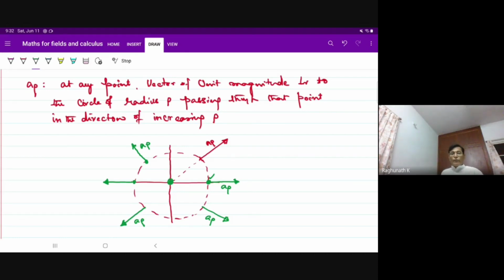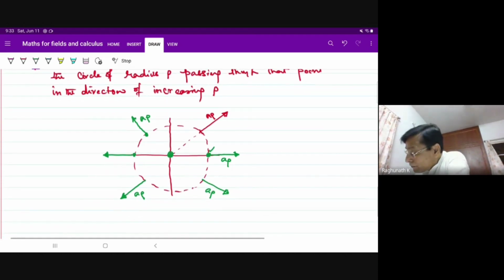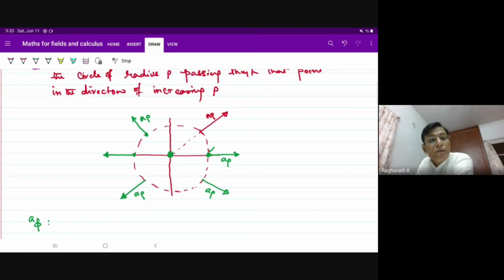Moreover, the direction of a rho is not unique. Only if you say where I'm talking about, I will immediately say a rho is fine. What is a phi? Please see the importance of these two.